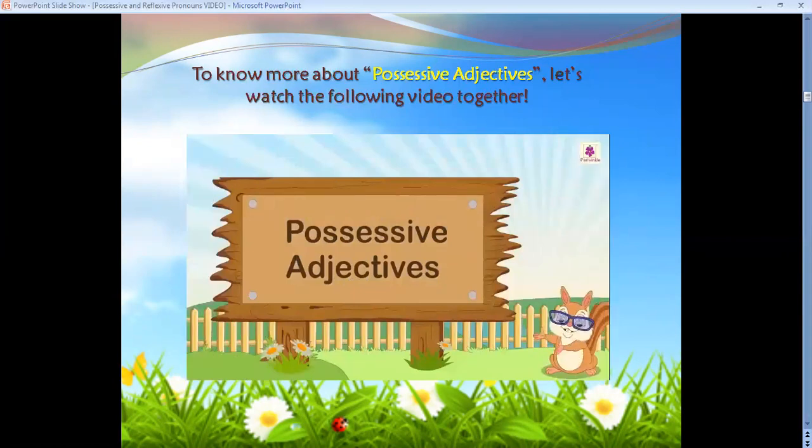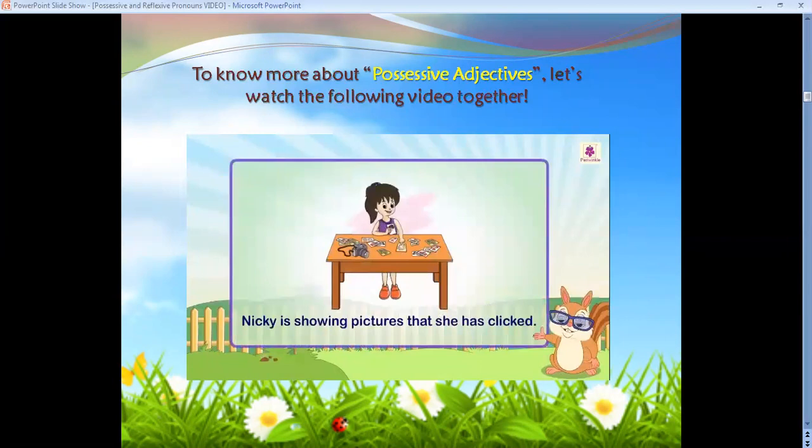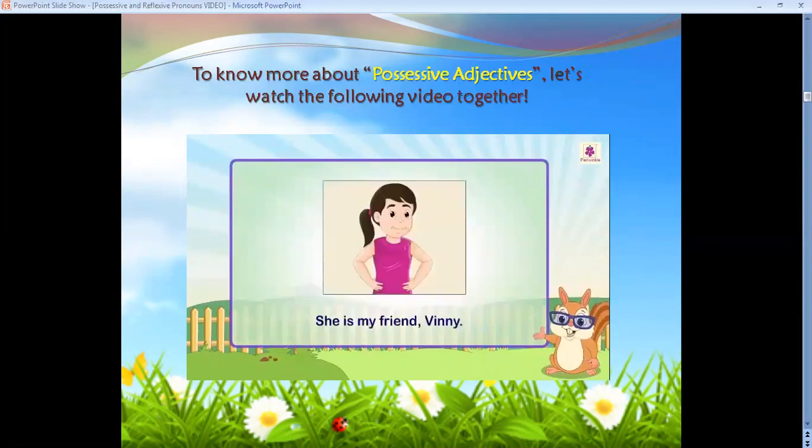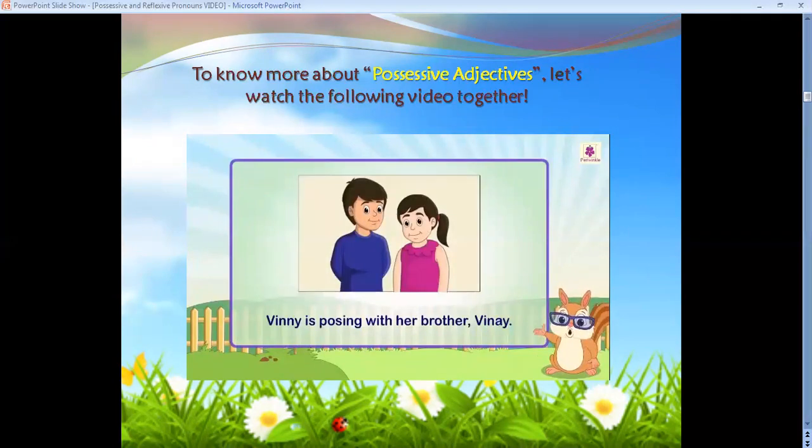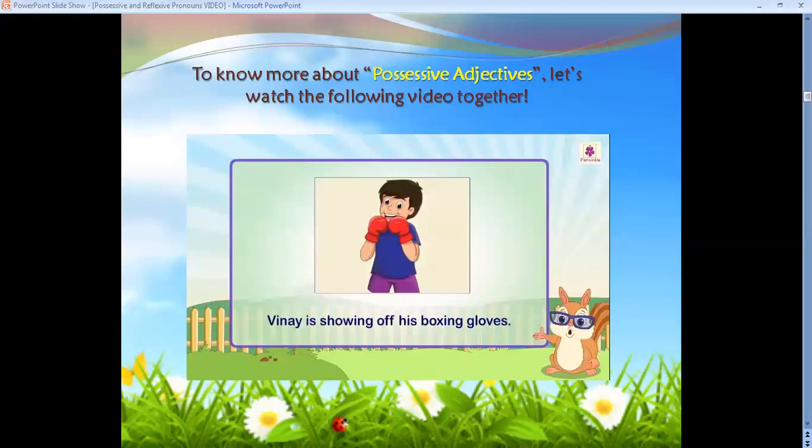Possessive adjectives. Vicky is showing pictures that she has clicked. Check the sentences. Look at these sentences. She is my friend, Winnie. Winnie is posing with her brother, Vinay. Vinay is showing off his boxing gloves.